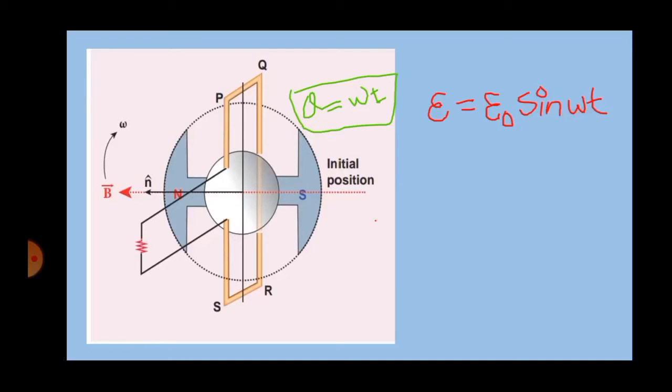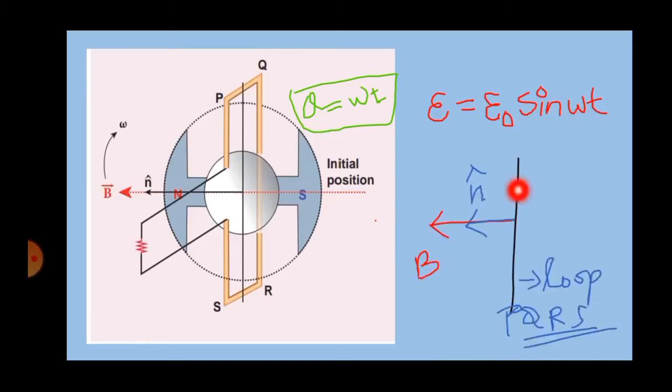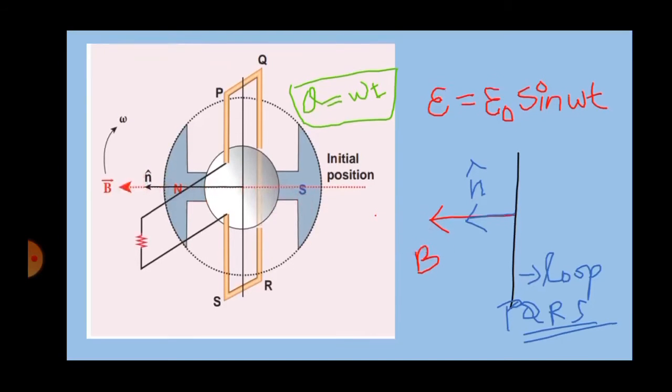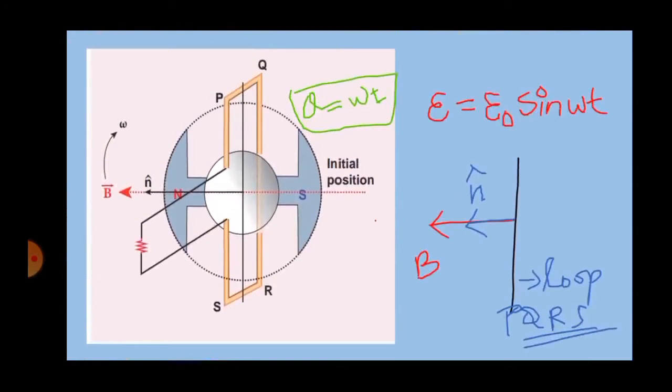Now the rectangular loop. This is the rectangular loop PQRS. The magnetic field is acting in the perpendicular direction. So the initial position of the field magnet is horizontal. Now see, this field magnet is horizontal. At that instant, the direction of the magnetic field is perpendicular to the plane of the rectangular loop PQRS.